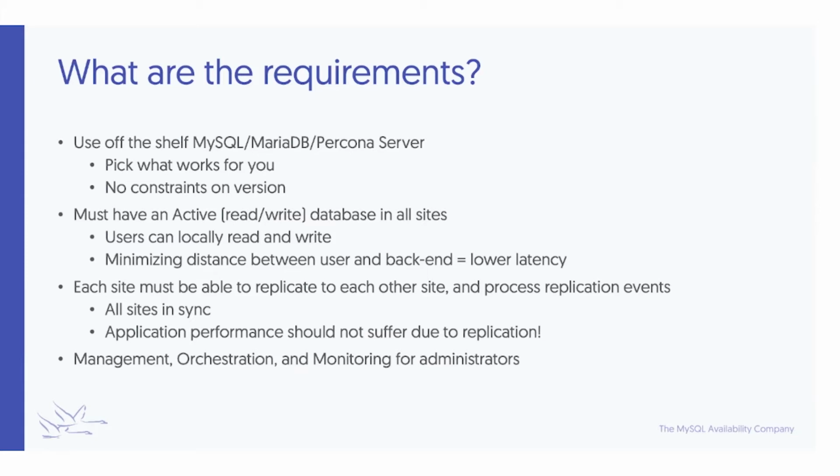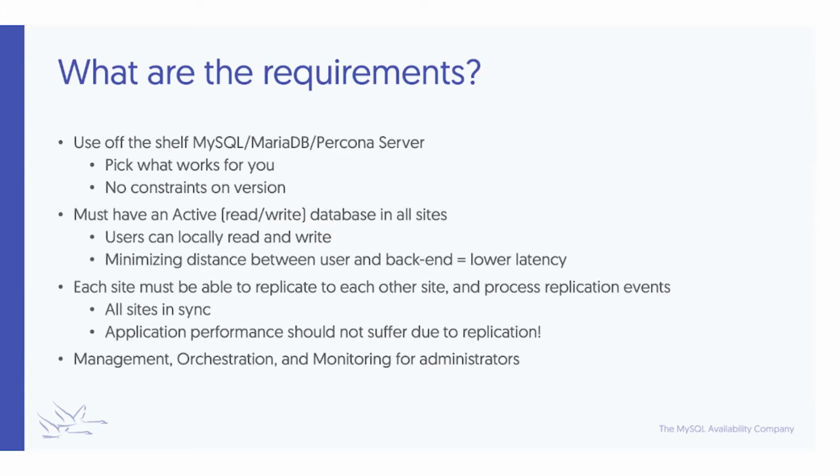And also, one other interesting thing is that just because we're replicating between sites, we don't want application performance to be impacted. Now, there are some replication technologies out there that, when they're enabled, actually cause the user application to suffer in performance, especially over a WAN. So that's one thing we don't want to see.